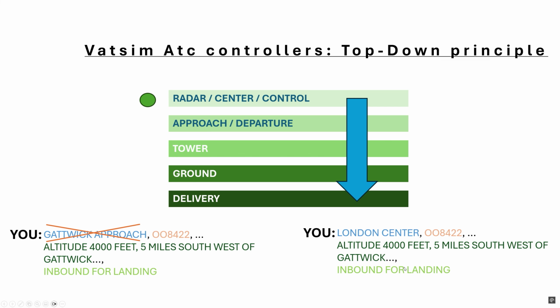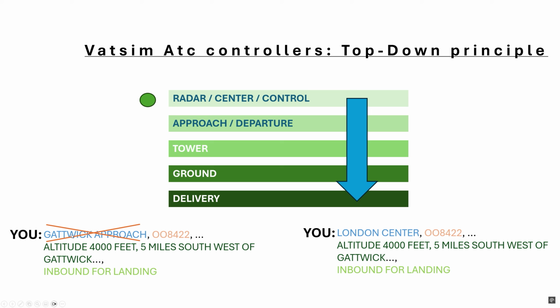Let me give another example. Here, I take the example where only the highest level, radar or center or control, these are synonyms, is available. Now, we are flying to the airport and we want to ask clearance for landing. So, normally you would ask clearance for landings to the approach frequency.